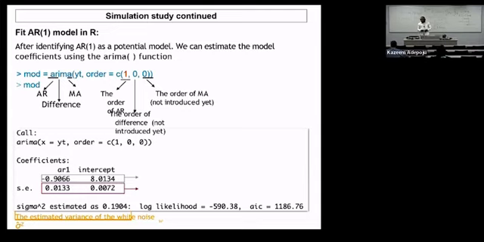ARIMA 100 means the order of the AR is 1, integrated 0, moving average 0. We're still going to talk about all of that as time goes on. That is the code. Okay. As time goes on, I'm going to tell you the essence of what is the one in the middle and the one at the other end.